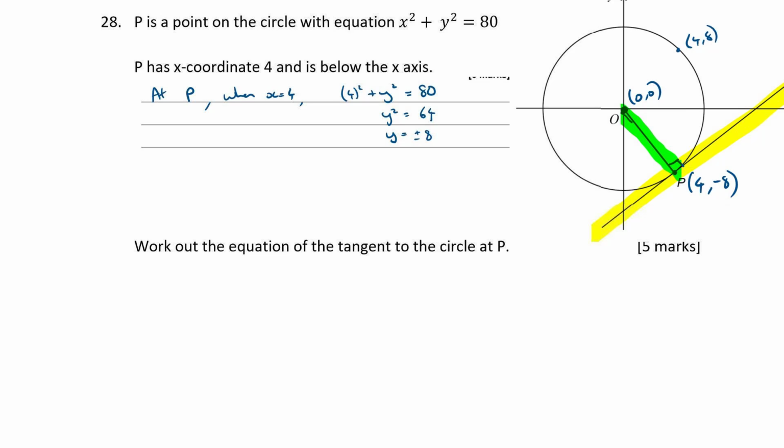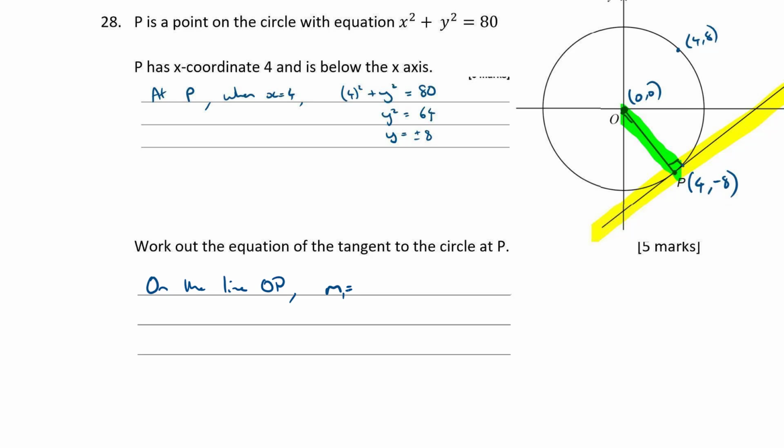Now we know 2 points on that. We've got 0, 0, and now we've got the point 4, minus 8. So we can easily find the gradient of that. So on the line OP, it's a good idea to put little sentences explaining what you're doing. Our gradient, we'll call it M1 because we're going to have 2 gradients, is going to be, do you know the formula for it?